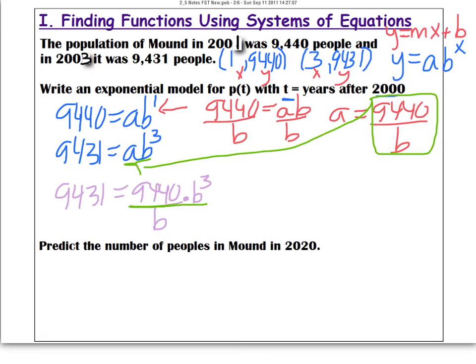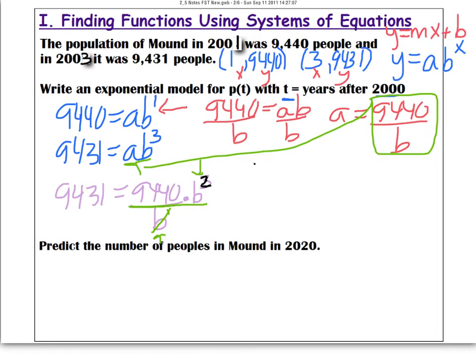Now, the property of exponents would say if we have a b down here and a b cubed up here, you can subtract. So it would be 3 minus 1, or you can imagine that you cross off this b down here and you're going to be left with 2 b's on the top. So we're now going to have 9431 equals 9440 times b squared.